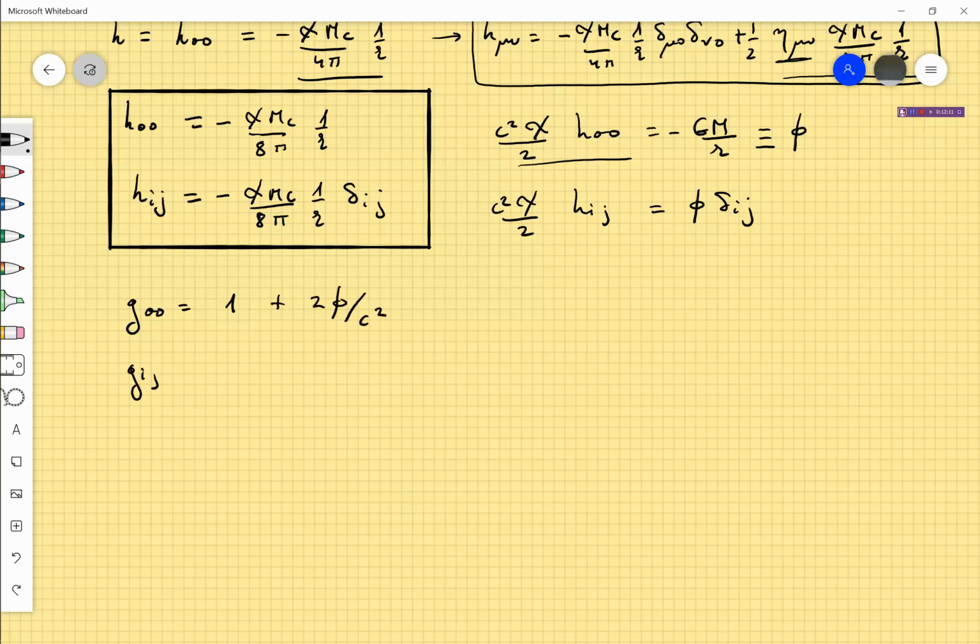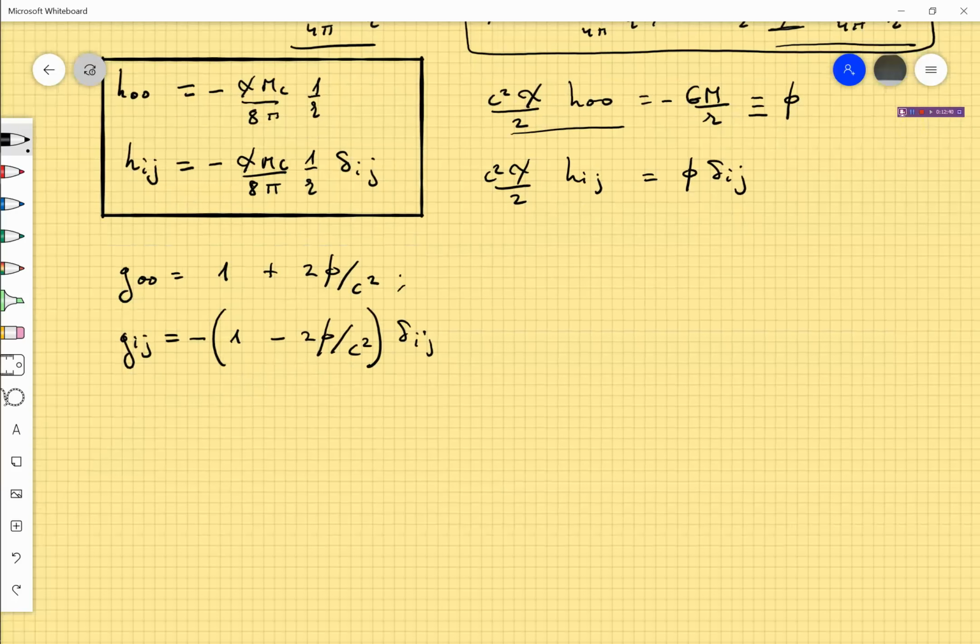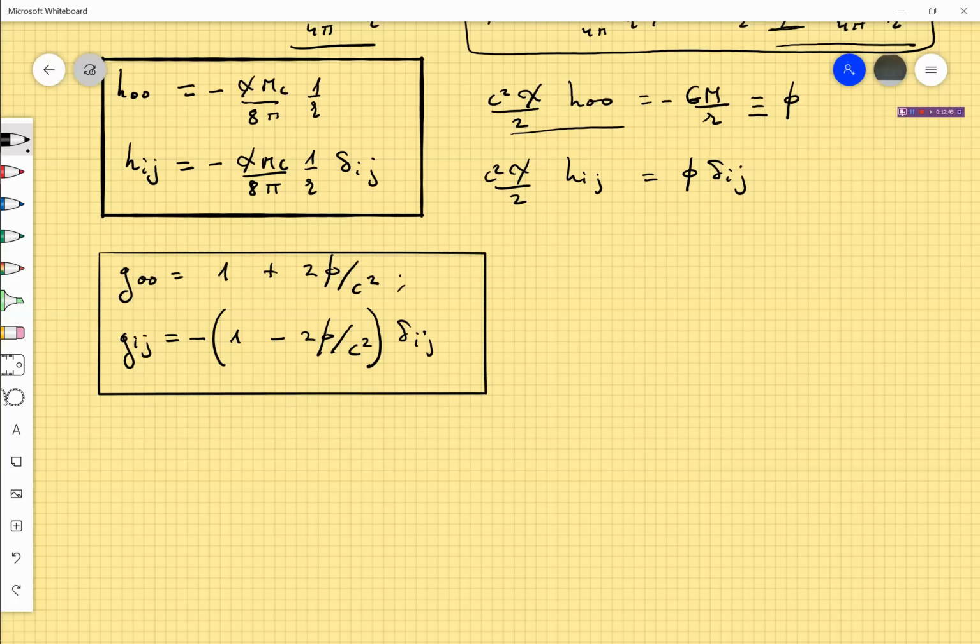And g ij is eta ij, which is minus delta ij, plus again chi times h ij, but this is 2 times phi divided by c squared delta ij. And we can take a common factor, minus 1 minus 2 phi over c squared. Okay, this is the metric to first order in chi, or at a linearized order.